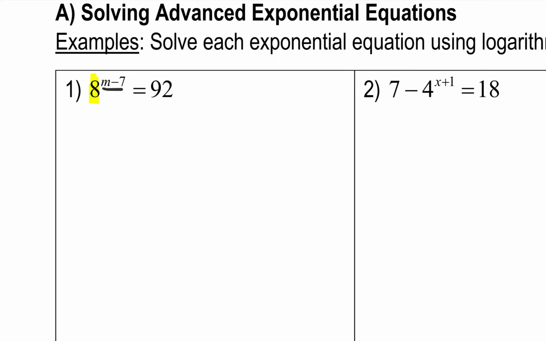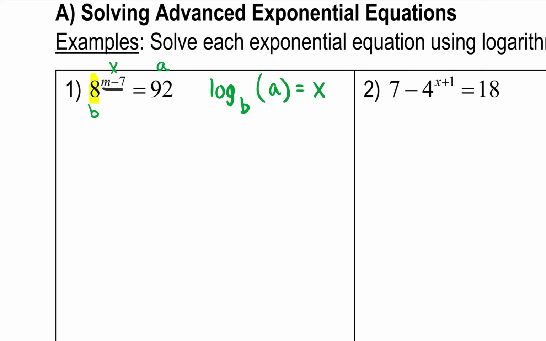So once I have my base by itself, I convert. I want log base b of a equals x. If we label these, I have b, here's x, and here's a. So once you get the base by itself, you convert to a log.